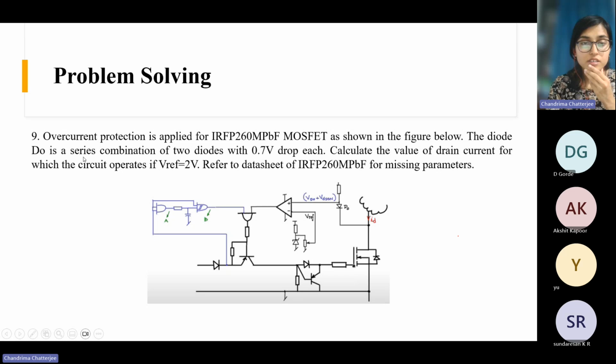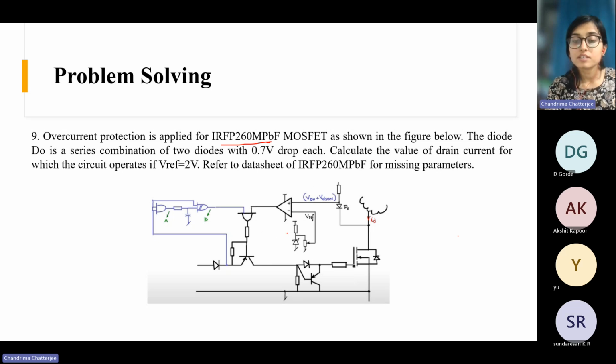The problem is that overcurrent protection is applied for this device, the IRFP260MPBF MOSFET. The diode. So I will explain how this circuit works.